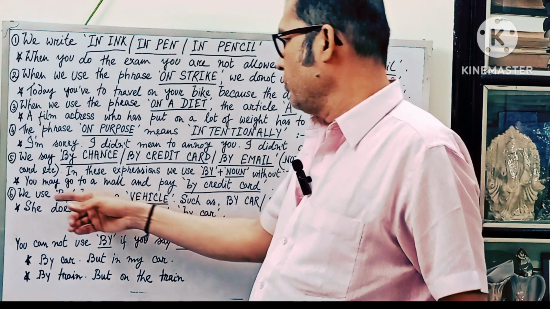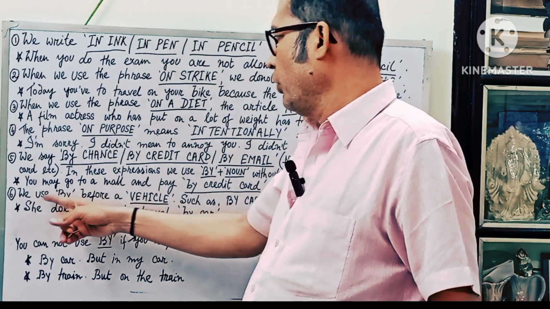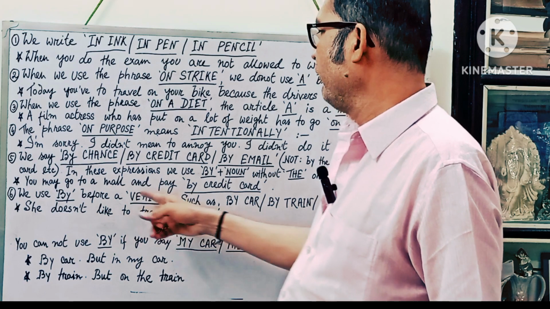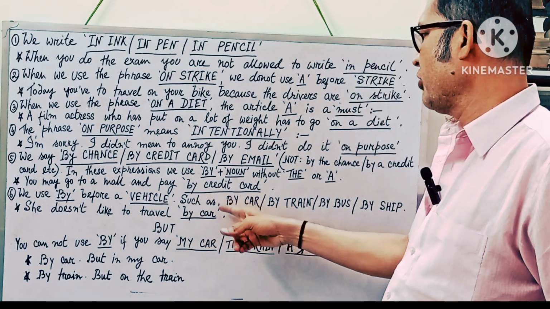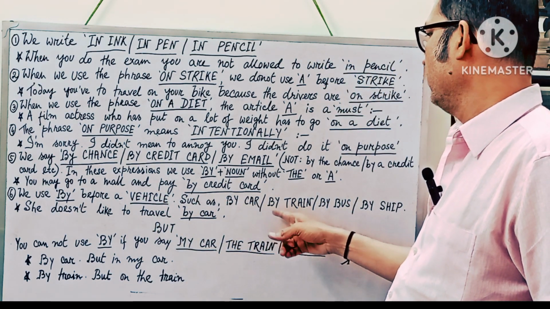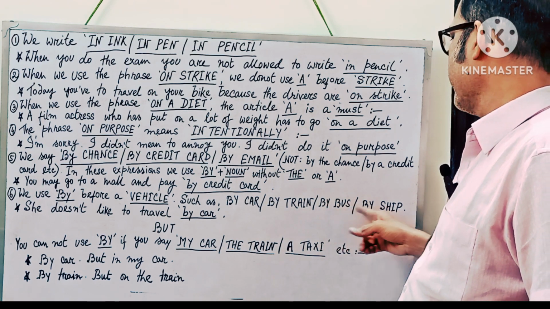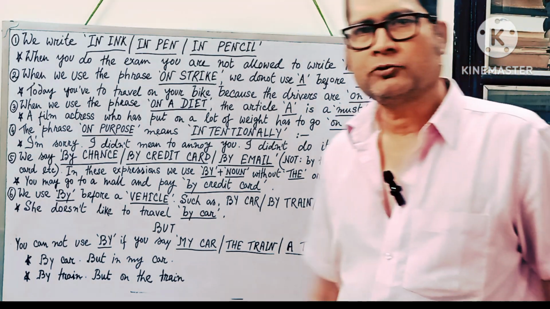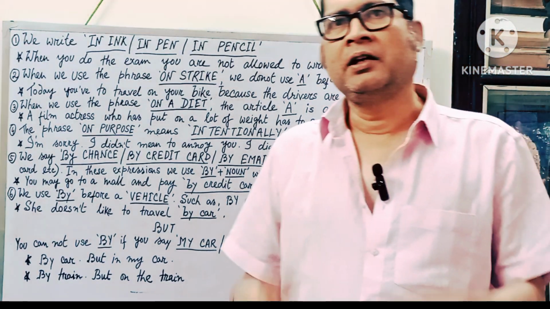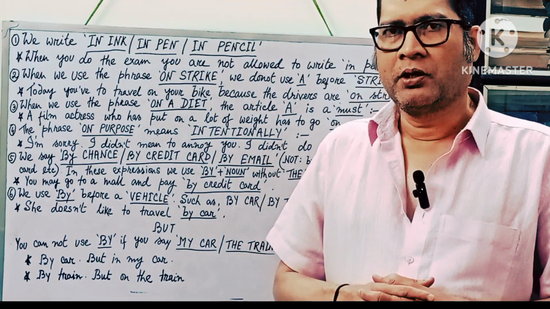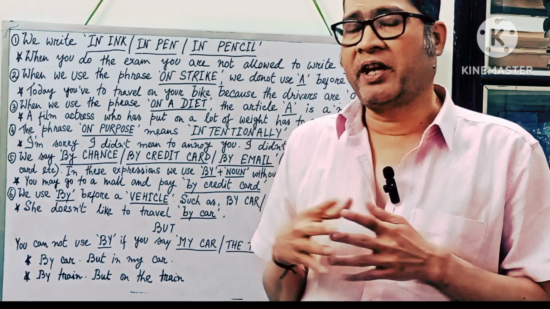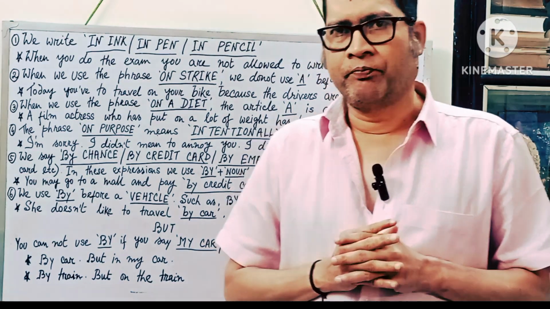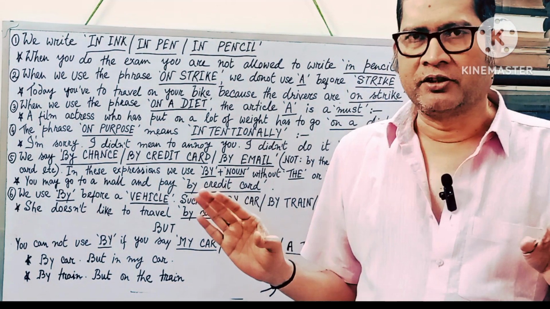Okay, let's move on to the next one. We use by before a vehicle such as by car, by train, by bus, by ship. When you are using a vehicle, then it is preceded by by. Do not use any article.